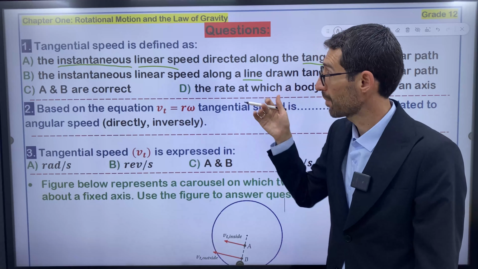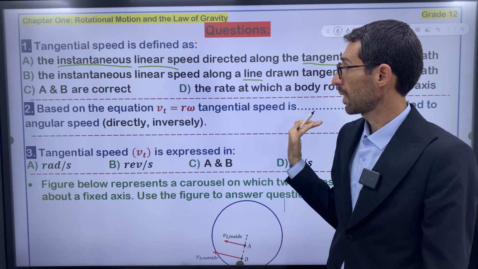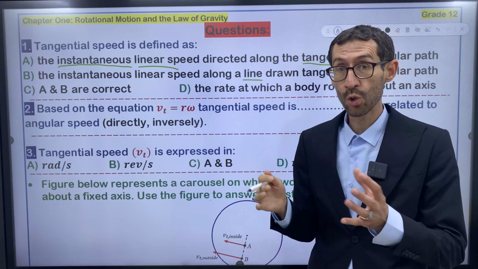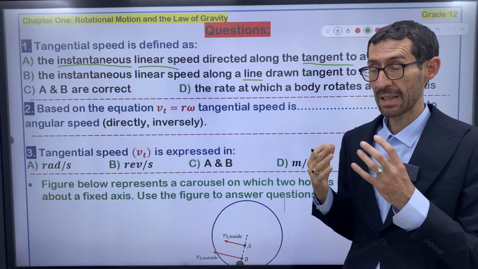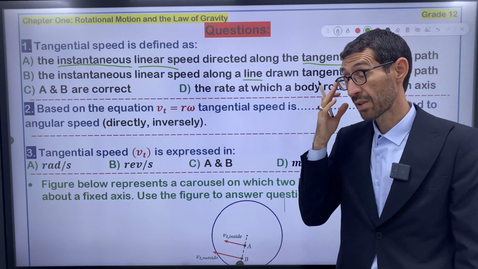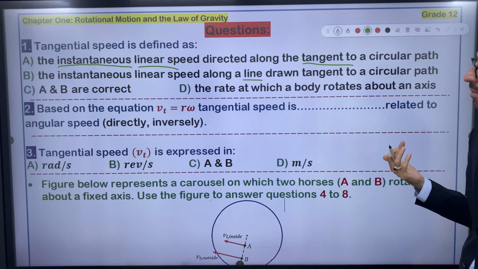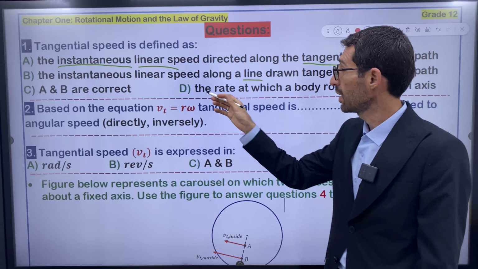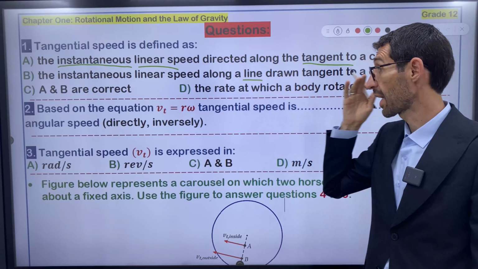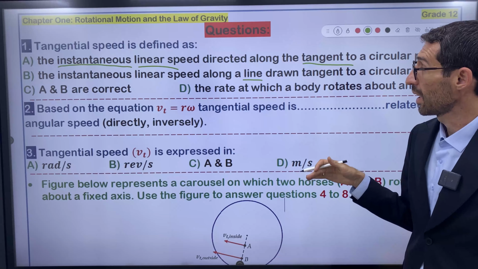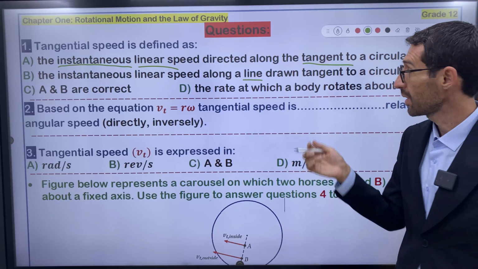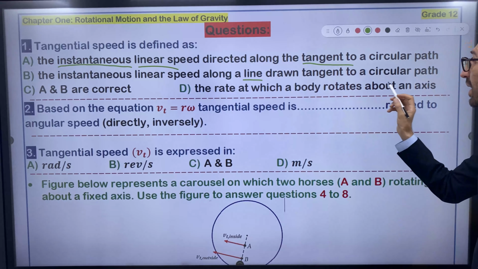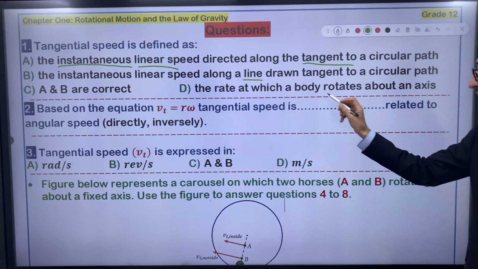But I want you to read all the options to make sure your answer is quite right. This is my suggestion: don't neglect any option. D says the rate at which a body rotates about an axis.